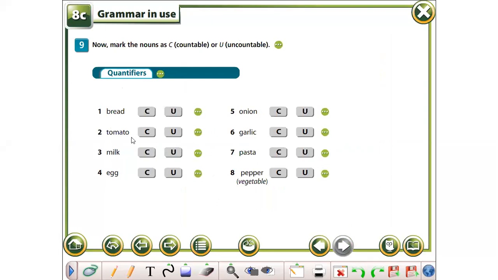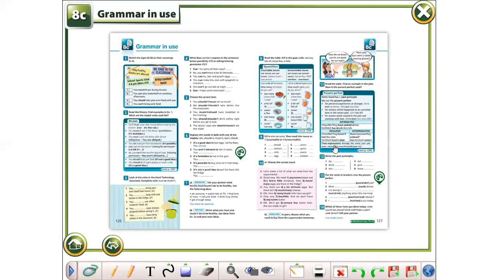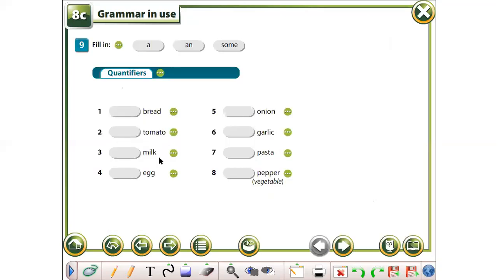Can you see the software of the book? In your book, because the software is different, you should have it in activity number 9. Can you see it?